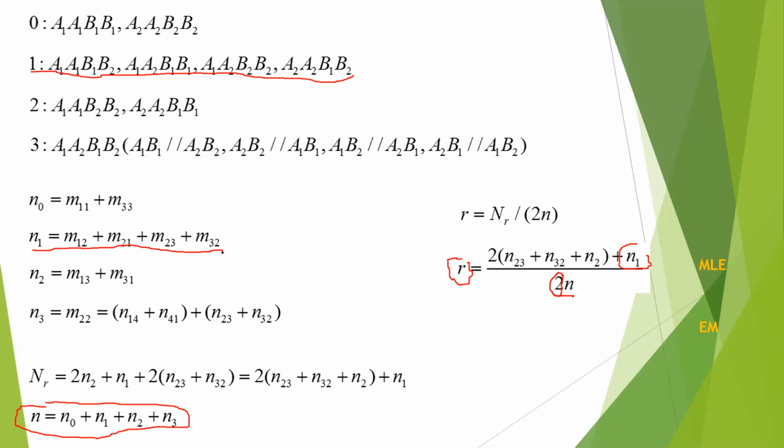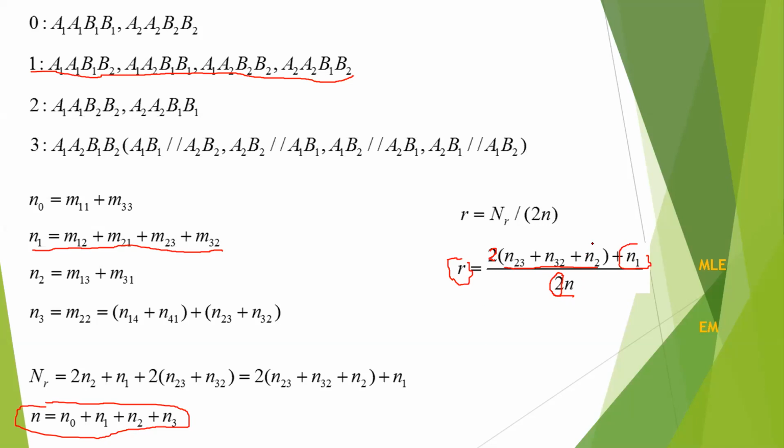That's why we put the N1 here, because these individuals carry only one recombinant gamete and one parental type. So only N1 gametes have a crossover. But these categories are different, because each of these individuals carries 2 recombinant gametes. That's why we put a 2 here. Does that make sense?